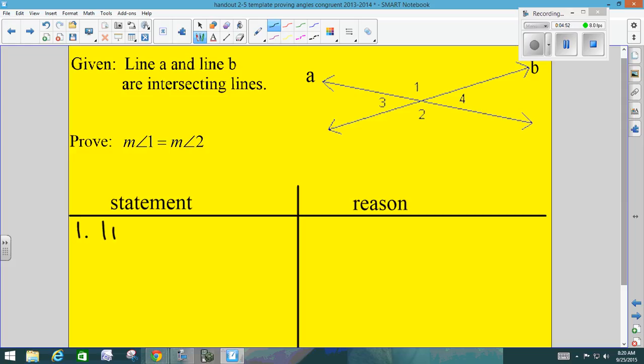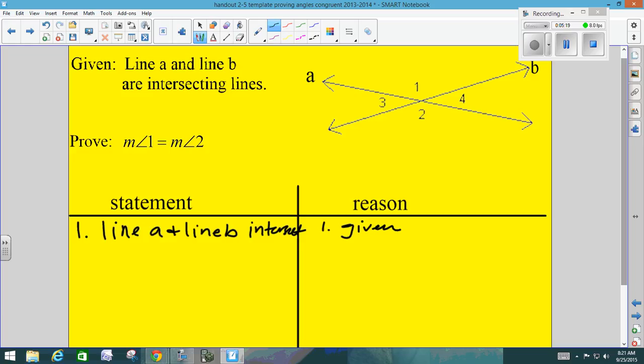I'm going to shorten this up and just say line A and line B intersect. You don't have to say are intersecting lines. We're trying to prove that 1 is equal to 2.